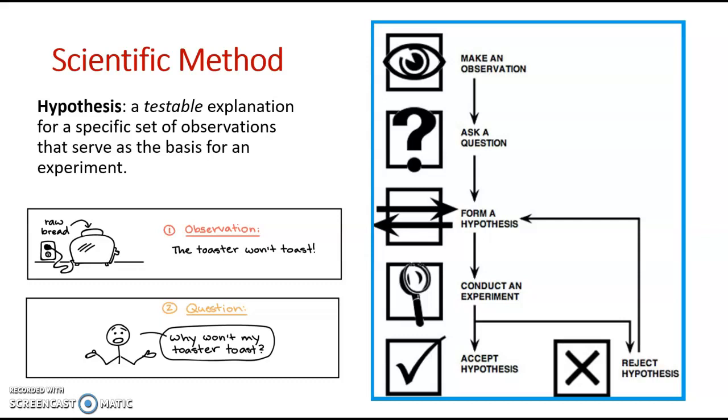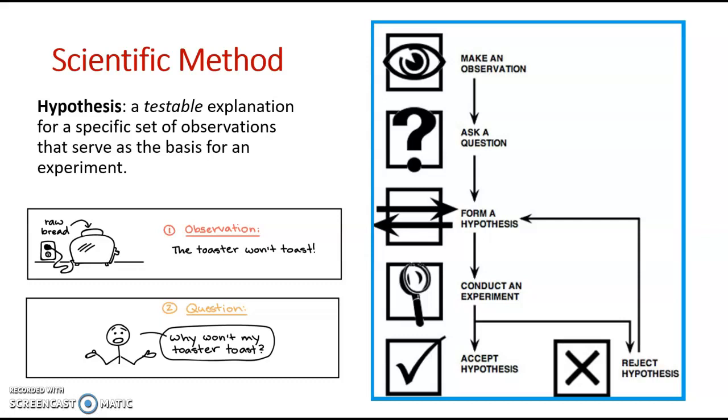And now we've arrived at the part that people get really excited about, developing the hypothesis. And a hypothesis is a testable, very important word right there, a testable explanation for a specific set of observations.